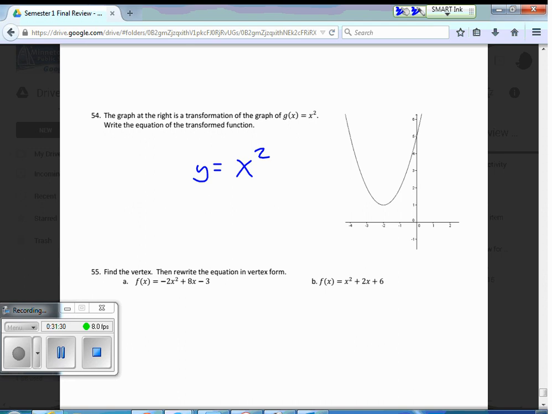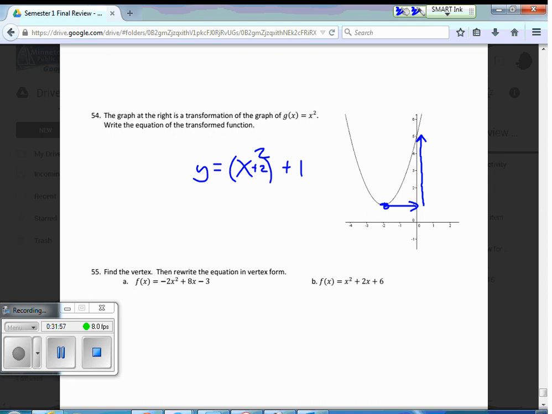I start with x squared and then I say, well, it definitely looks like it moved to the left 2, right? Then my parabola went to the left 2 and it looks like it went up 1. Left 2 would be plus 2, up 1 would be plus 1. And now I just have to see if it's still the same stretch factor. If you normally go over 2, you go up 4, and it looks like it did not get stretched. So I can tell there's no stretch factor to put in here.